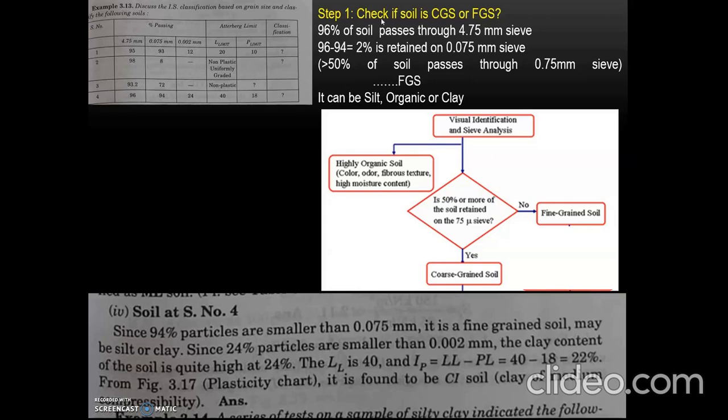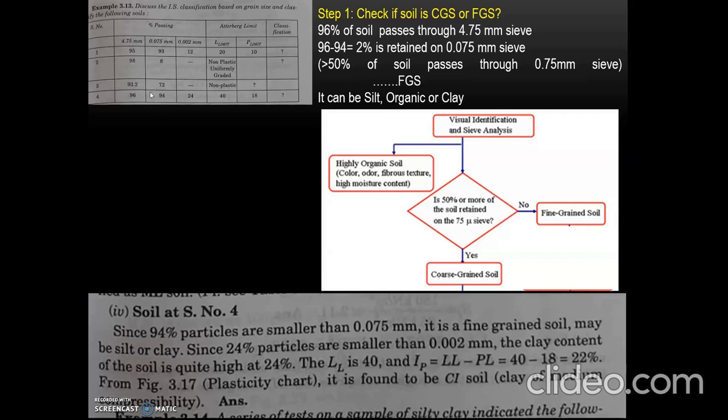The first step is to check whether the soil is coarse grained or fine grained. To find this out, we apply this condition: if 50% or more of the soil is retained on the 75 micron sieve, then it is coarse grained soil. Here, 96% of the soil passes through the 4.75 mm sieve, out of which 94% passes through the 0.075 mm sieve.